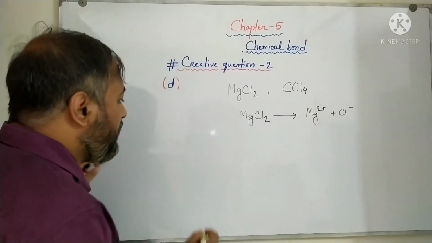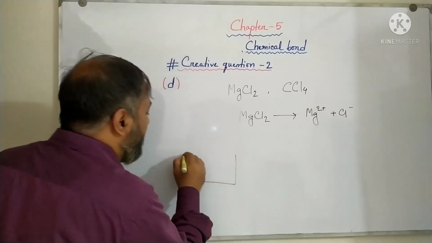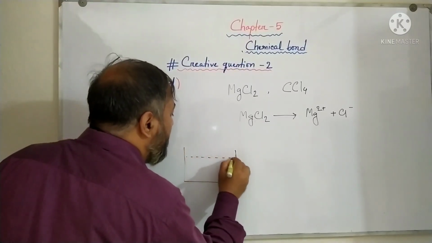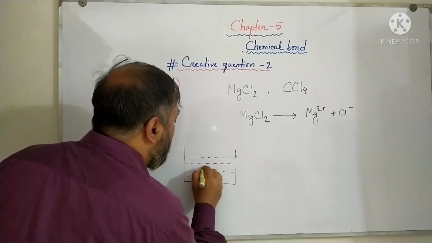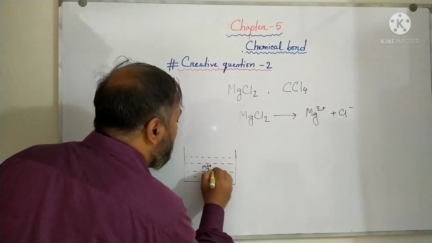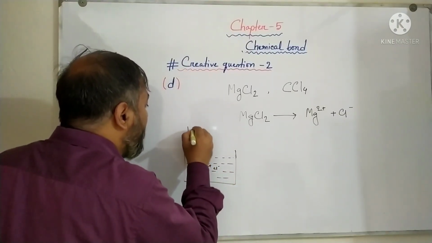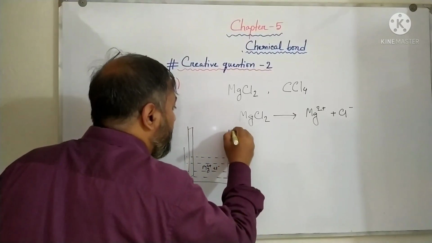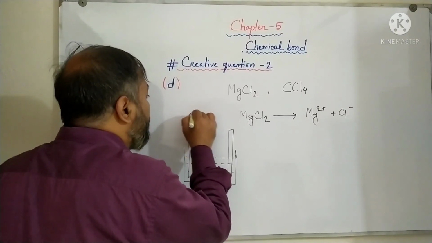So I would like to show you how this is happening. Let's consider a container where we take some liquid magnesium chloride, where magnesium and chloride ions remain in a free condition. Then we insert two electrodes in this solution and connect them with a source of energy.